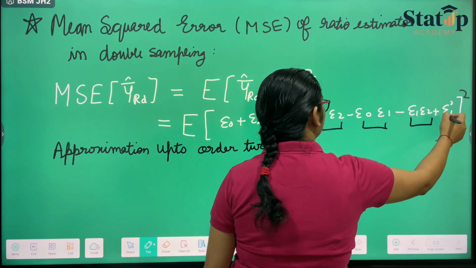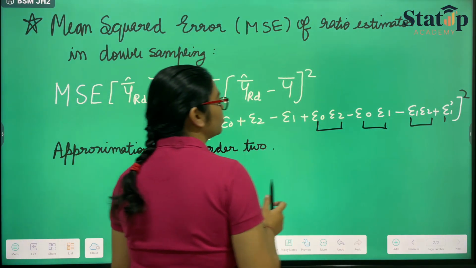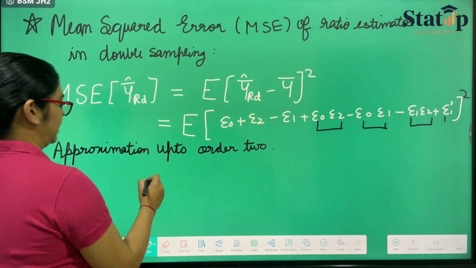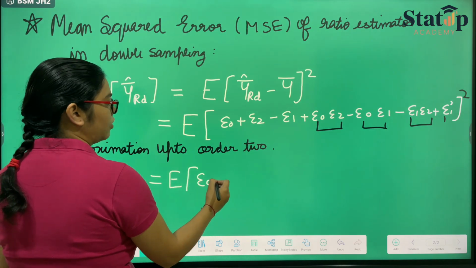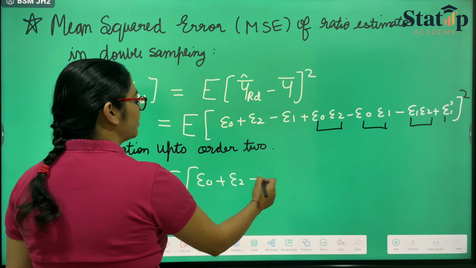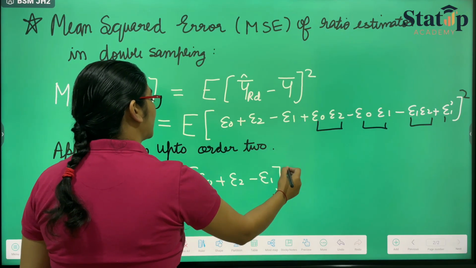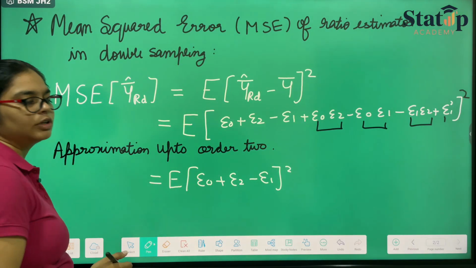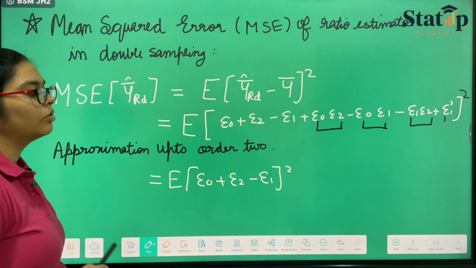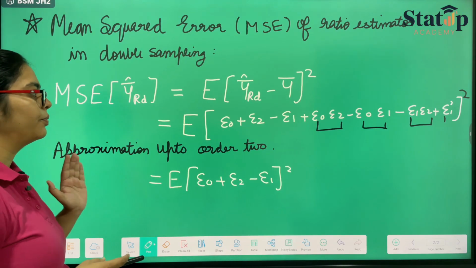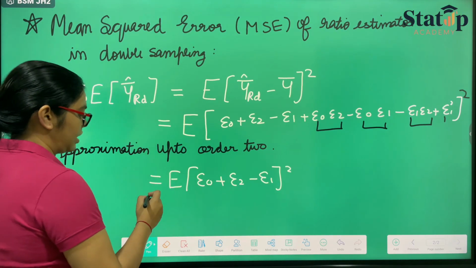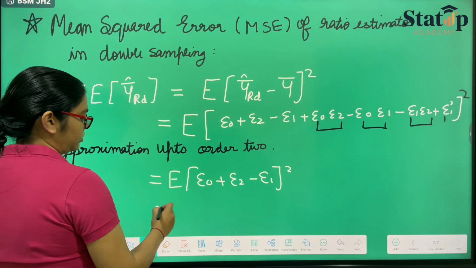So all these powers which are raised with 2, we remove them and we are left with the expectation of epsilon naught plus epsilon 2 minus epsilon 1. You can check it after squaring the terms; it will always be greater than 2. So we have removed all those values from the expectation.